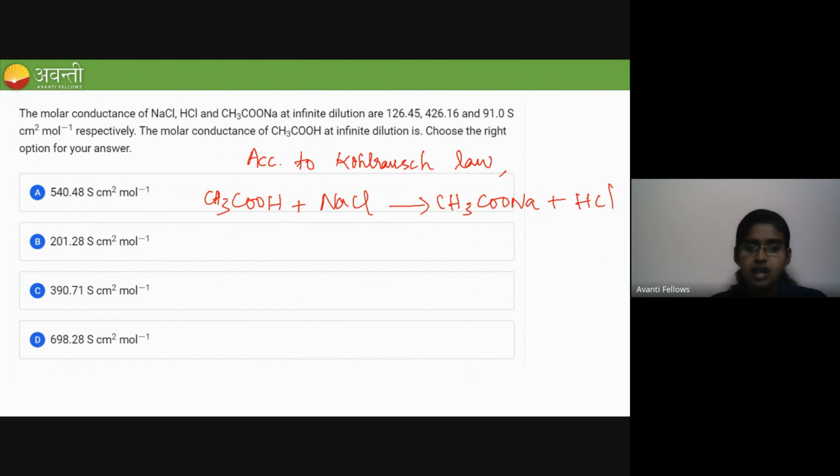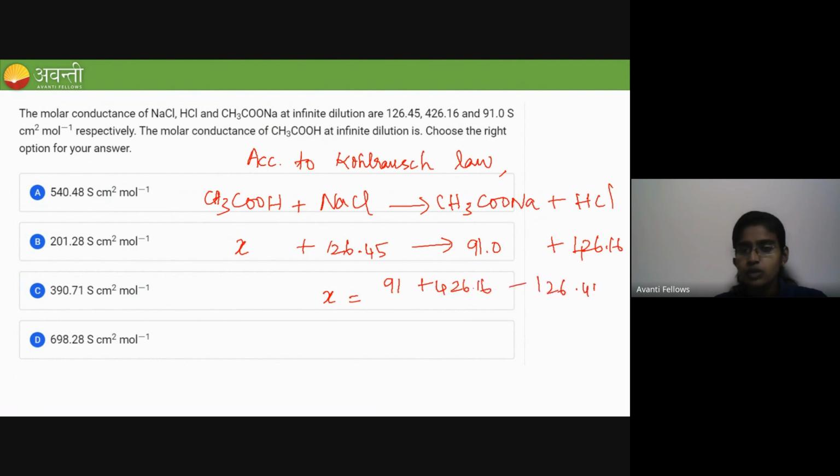And here we are asked to find out the molar conductance of acetic acid. So let me take it as X. And for NaCl, what is the value? It is 126.45. And this is giving 91.0 plus 426.16, right? X is equal to 91 plus 426.16 minus 126.45.